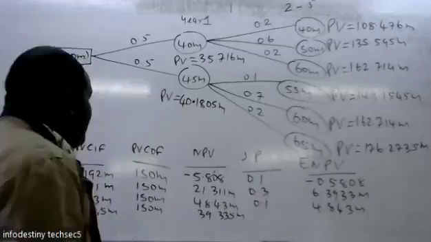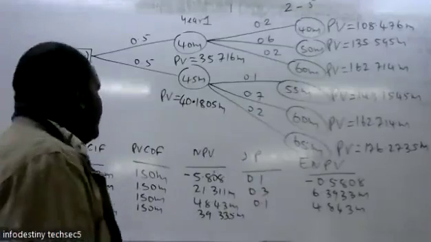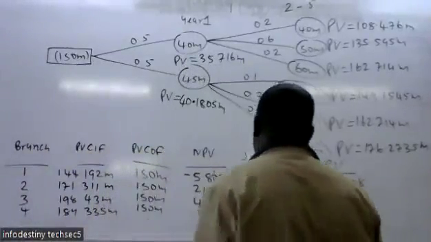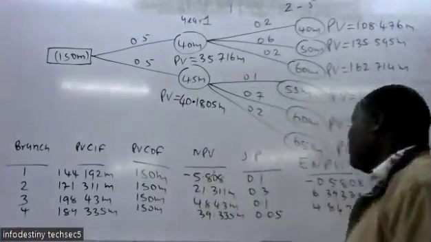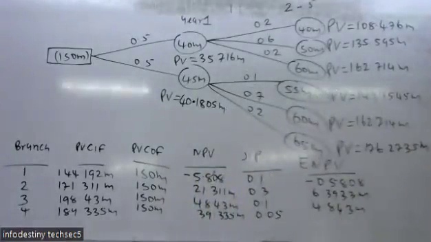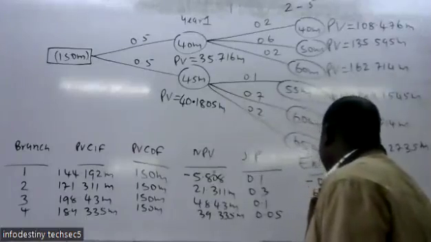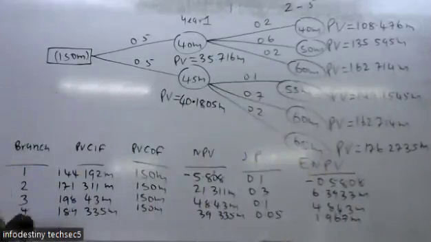Joint probability: 0.5 multiplied by 0.1 is 0.05. So we also multiply 39.335 by 0.05, which gives 1.967. So we go to branch 5.